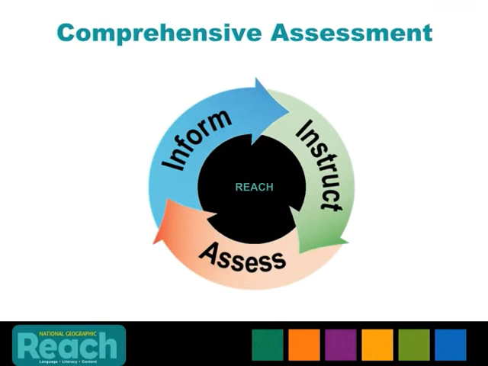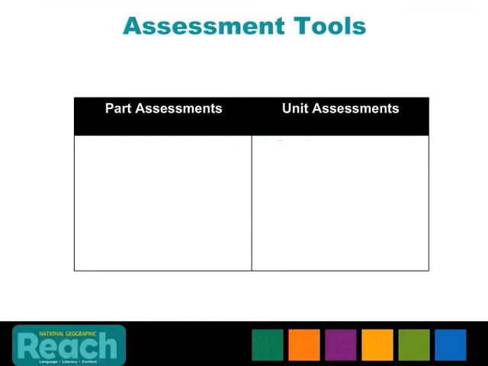Now, we all know assessment is critical to instruction and academic success, which is why REACH has a comprehensive assessment plan. REACH provides many opportunities to check for understanding, assess, and identify how to close gaps. There are many assessment tools and rubrics in REACH that will give you ongoing monitoring of your students' progress.